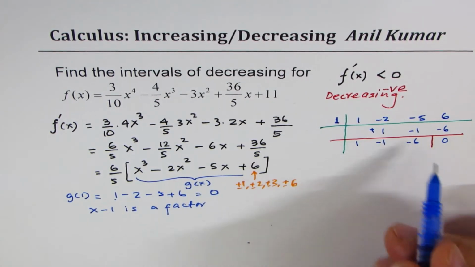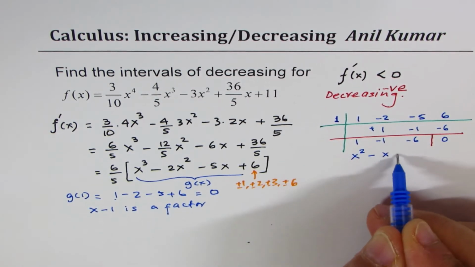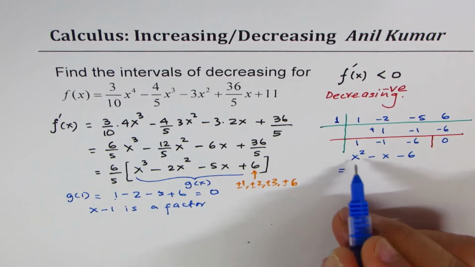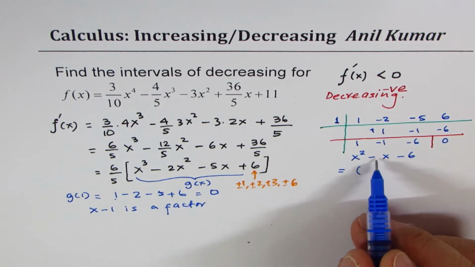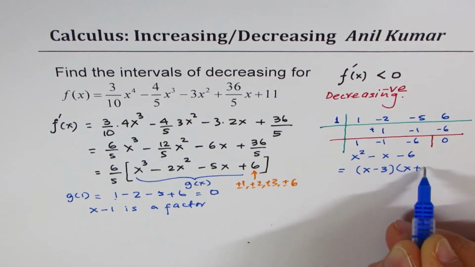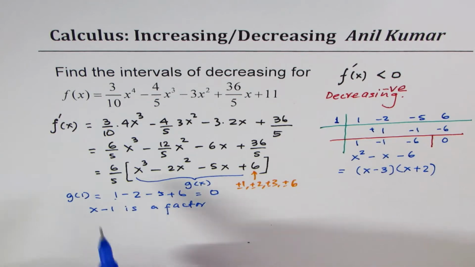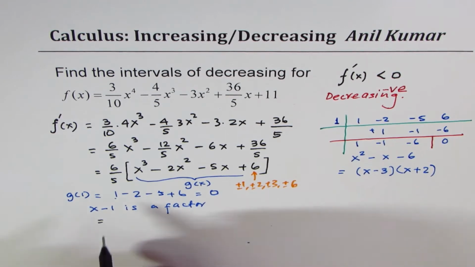And that represents x squared minus x minus 6. And that could be factored as product of minus 6, sum of minus 1. So x minus 3 times x plus 2, correct? So therefore, let's get back to our equation now. We did all our calculations, so we'll continue from here.